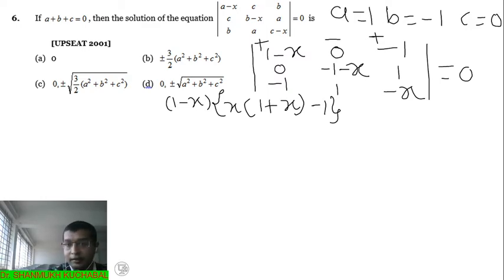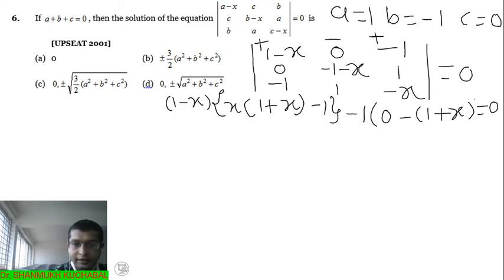Then plus into minus, minus 1 into 1 into 0, it is minus 1 plus x, equal to 0.